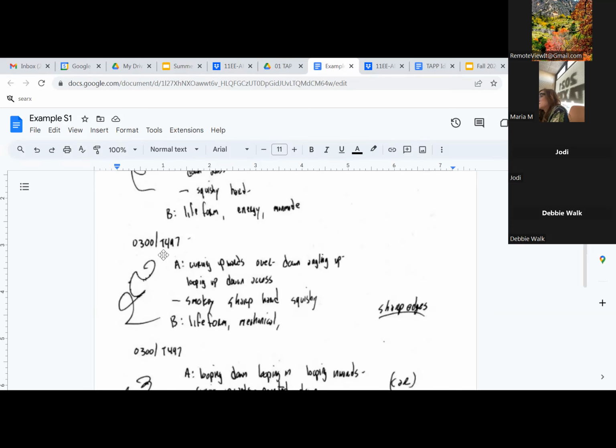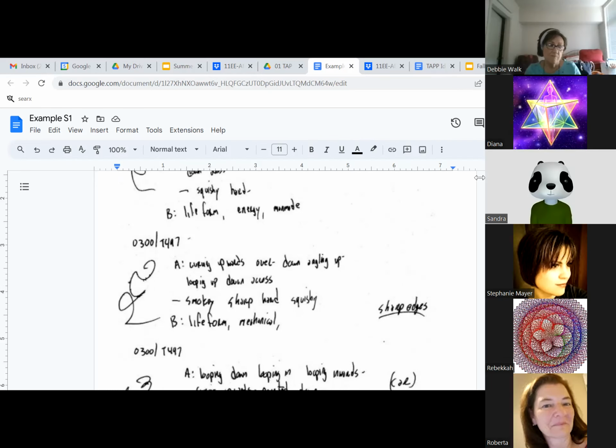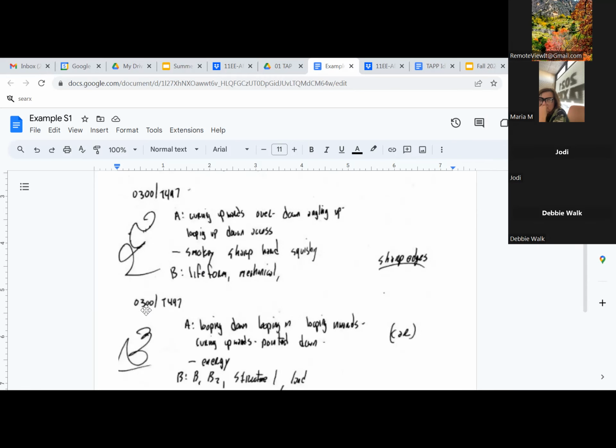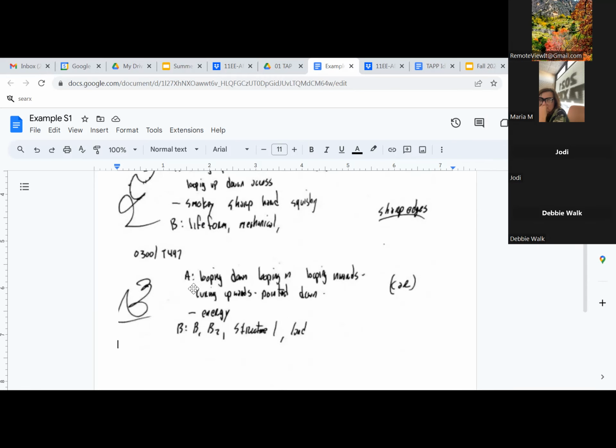And then I did the TRN again, and then A, describe it, touching it under A. My dash just indicates that I touched it. And then B is life form and mechanical. And I wrote it a third time and I did another ideogram and described it A and B. So this is what your template will look like when I give you the stage 1 and stage 2 template.